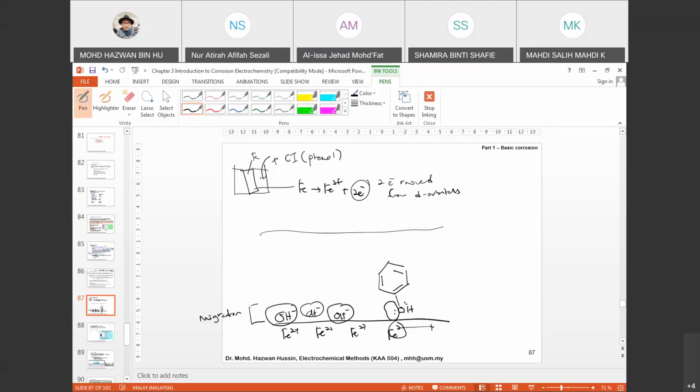Then anything that is electron rich, for example the hydroxyl over here, can form an interaction between the lone pair and the d orbitals of Fe.